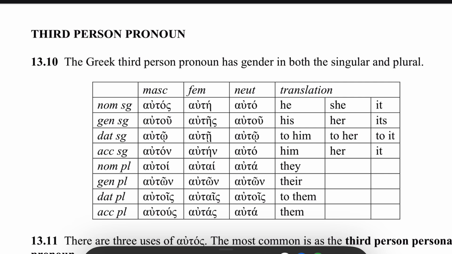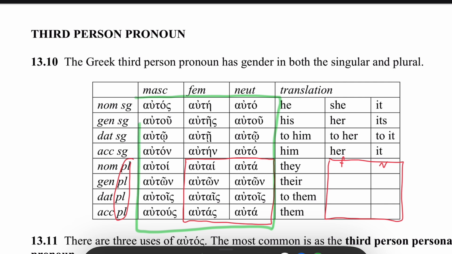If you remember, down here, this section is the section we do not have over in English, specifically the feminine and the neuter forms in the plural, which just means that with all of this available, there's quite a bit of specificity available in Greek.